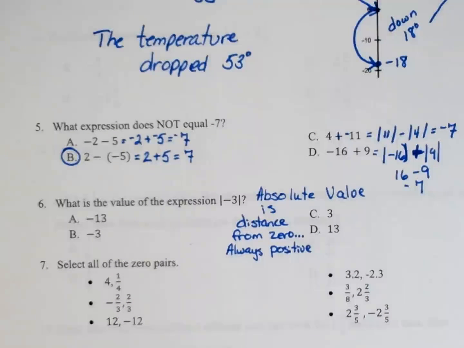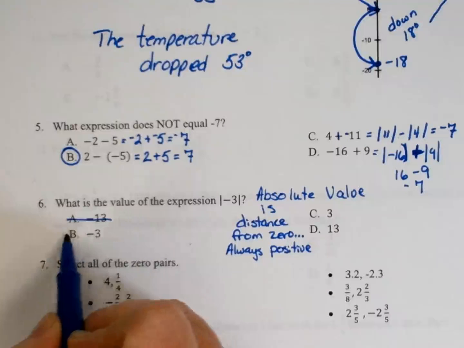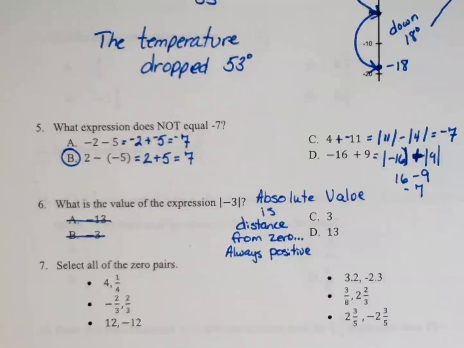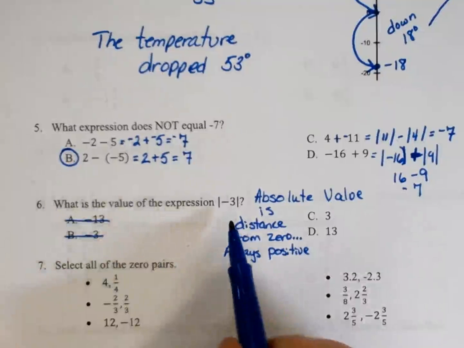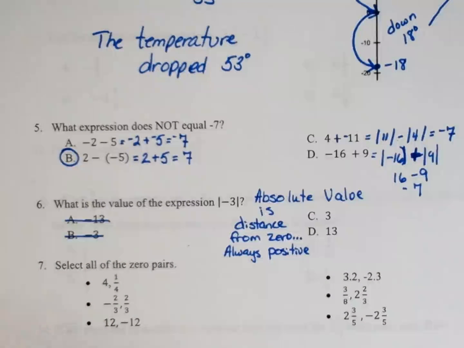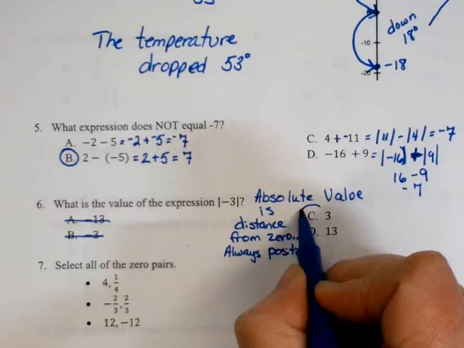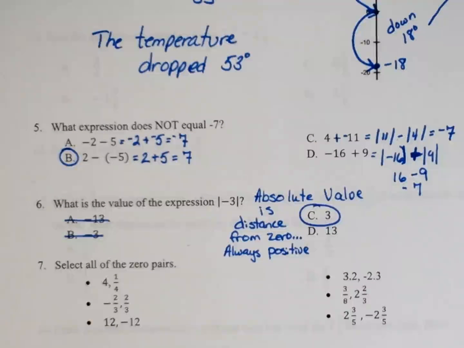Okay? So if absolute value is always positive, we can get rid of A and B because they have a negative sign. Absolute value is never negative. How far away from 0 is negative 3? It's only 3 away. So C is our answer for that one.